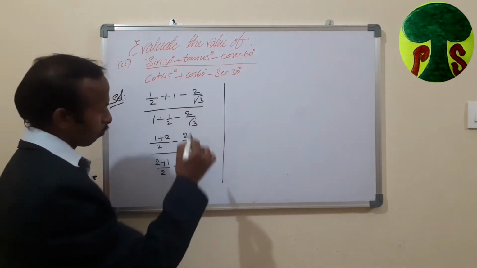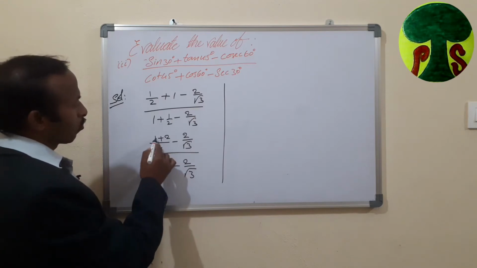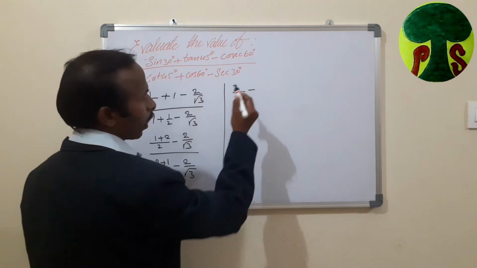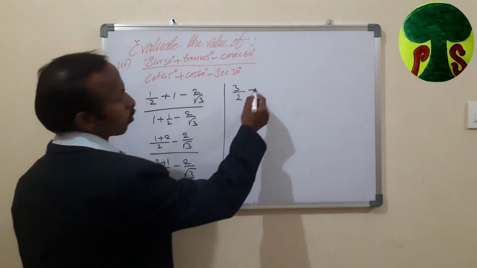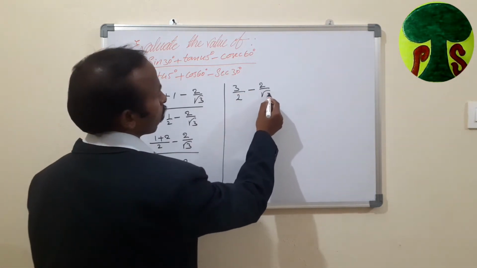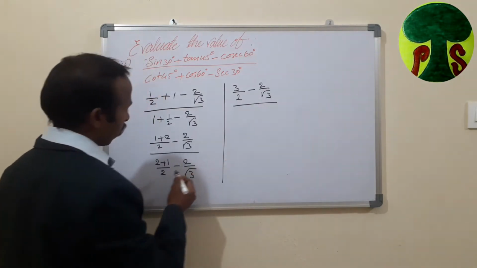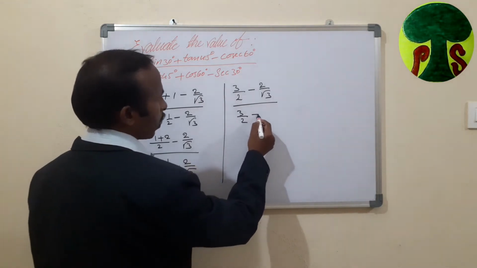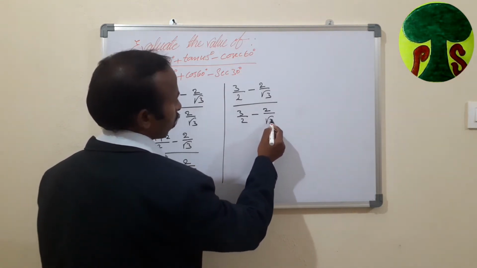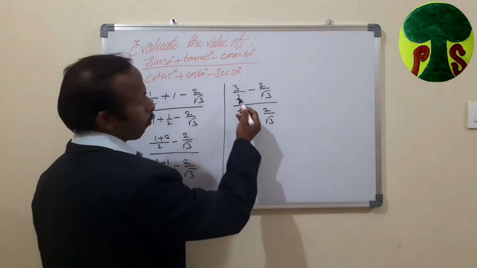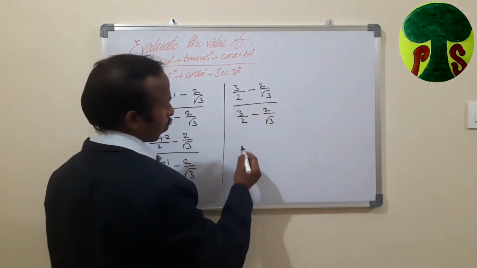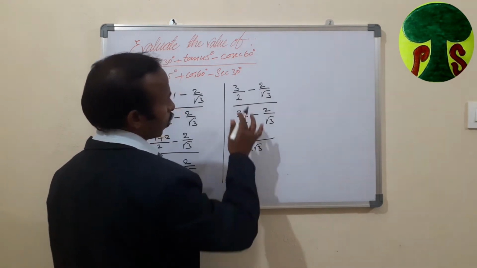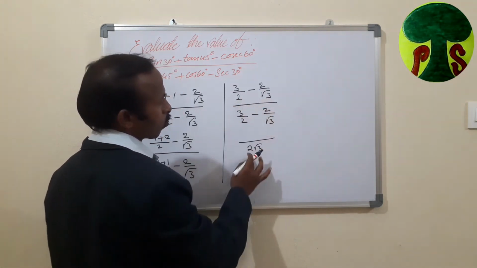Now next step, here 2 plus 1, 3 by 2 minus 2 by root 3, by next 3 by 2 minus 2 root 3. Now see here, in the above fraction we will take the LCM, that is 2 root 3. 2 and root 3 LCM is 2 root 3.